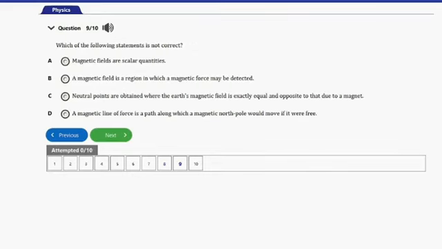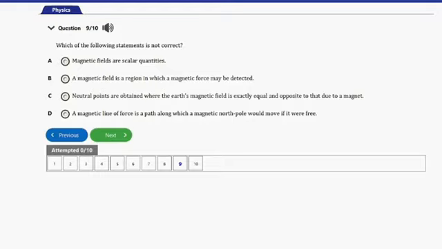It says, which of the following statements is not correct? A, magnetic fields are scalar quantities. B, magnetic field is a region in which magnetic force may be detected. C, neutral points are obtained when the Earth's magnetic field is exactly equal to and opposite to that of a magnet.